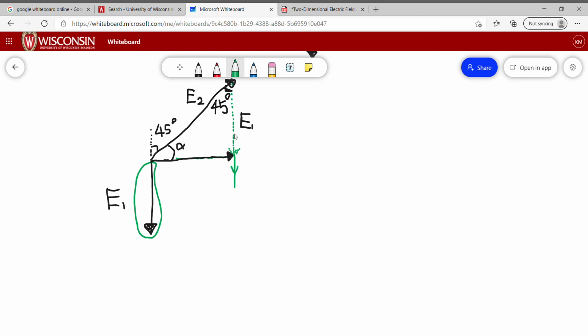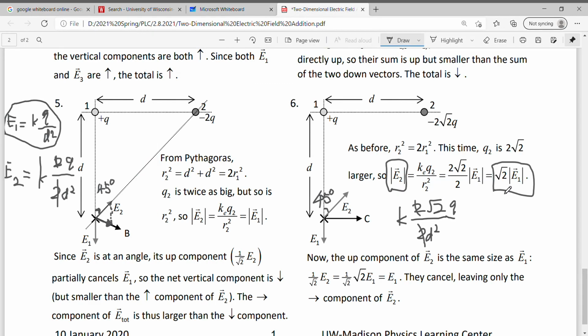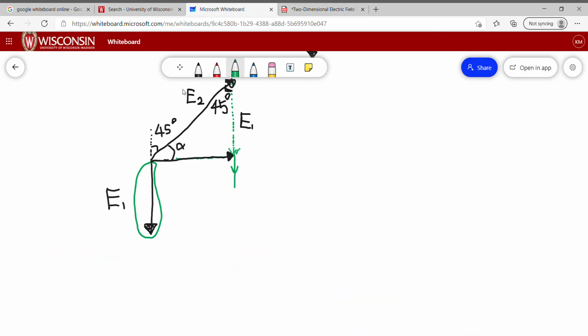It can be this long, this long, or this long. But now we figure out that E2 equals root 2 of E1, which means this number is root 2 of E1.